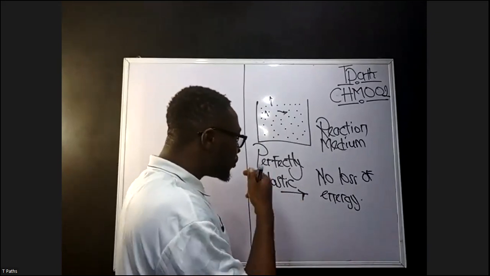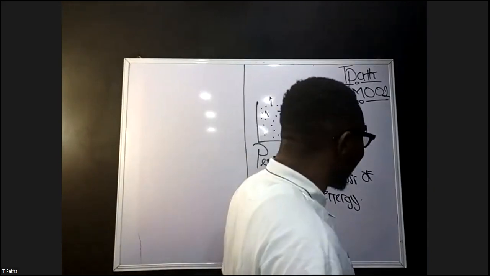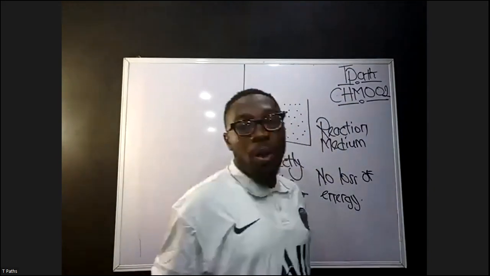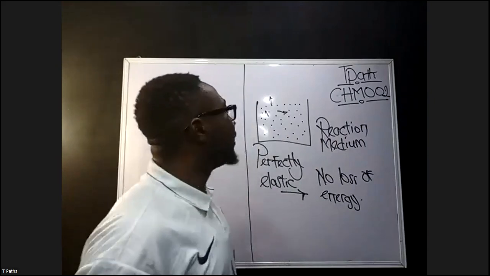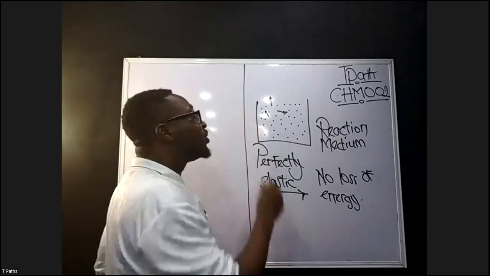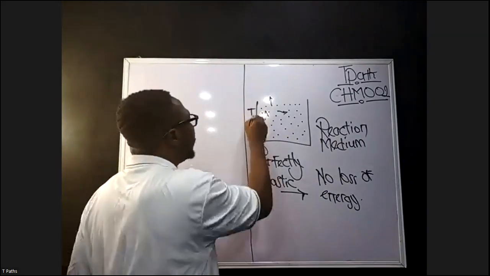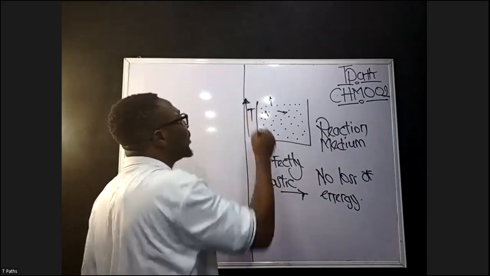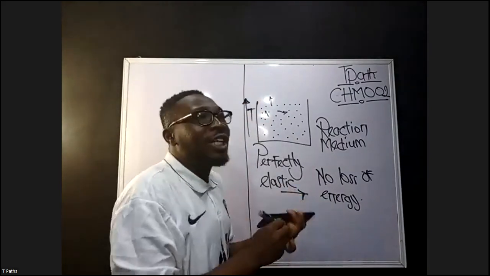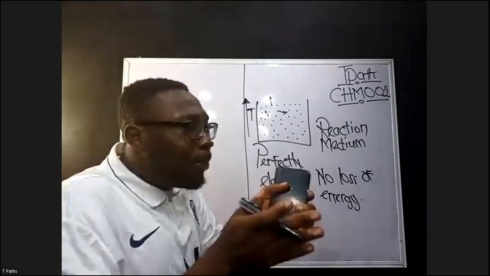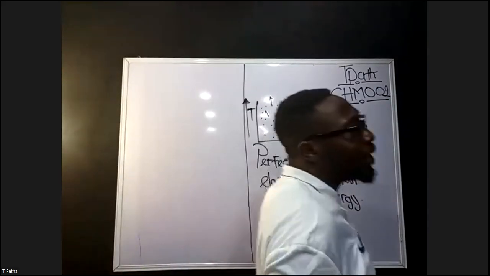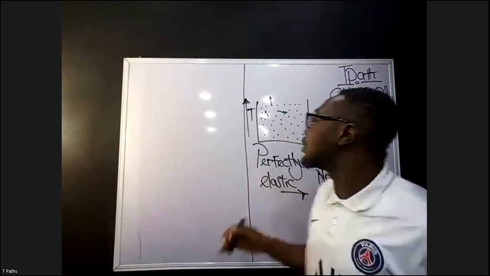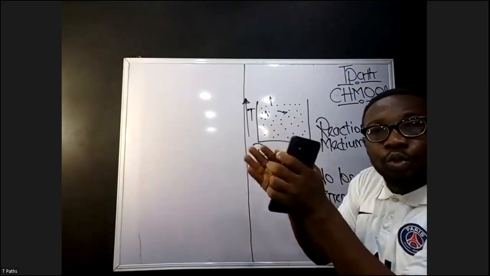Now, gases, like I said, we observe one thing about gas again: if I increase the temperature of this reaction medium, as the temperature increases, the particles of the gas collide with one another.